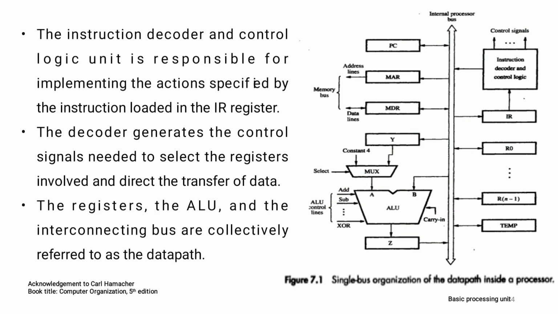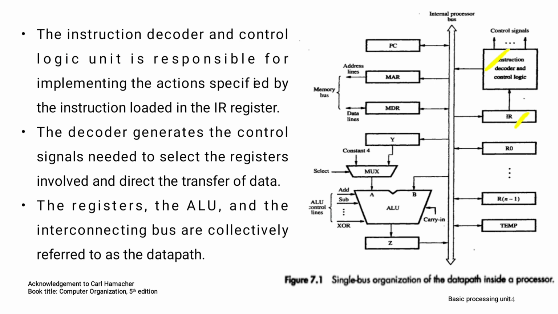The instruction decoder and control logic unit is responsible for implementing the actions specified by the instruction loaded in the IR register, the instruction register. When the instruction decoder decodes that, which operations must be done and where the operands are, are specified by this unit.